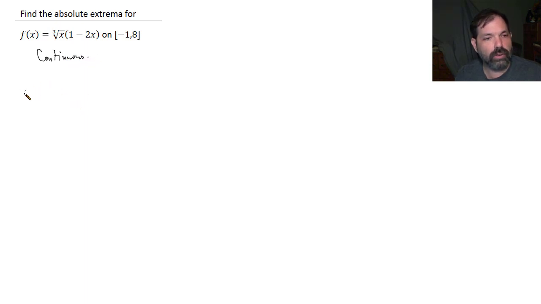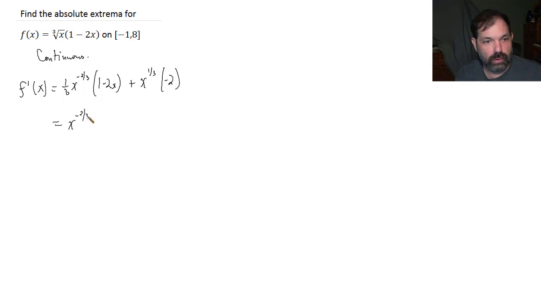All right, let's calculate the derivative. Using the product rule, I'd have 1/3 x to the negative 2/3 times 1 minus 2x plus x to the 1/3 times negative 2. Let's use a little bit of factoring here. Let me factor out x to the negative 2/3.